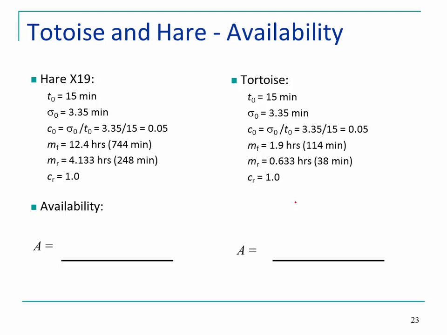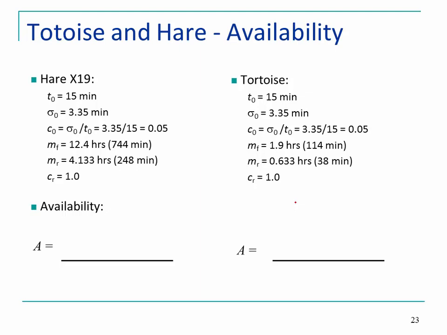For the coefficient of variation of the repair, we are assuming that the repair is going to have not much variation. It's going to take about the same time to get it done, so that's why the coefficient of variation for the repair is just 1. So we are basically assuming that that's not going to affect our analysis.